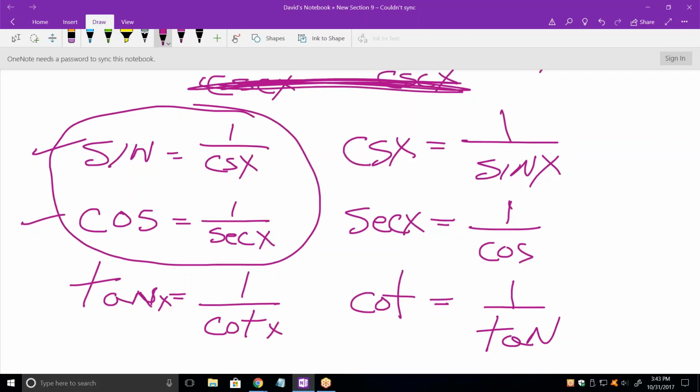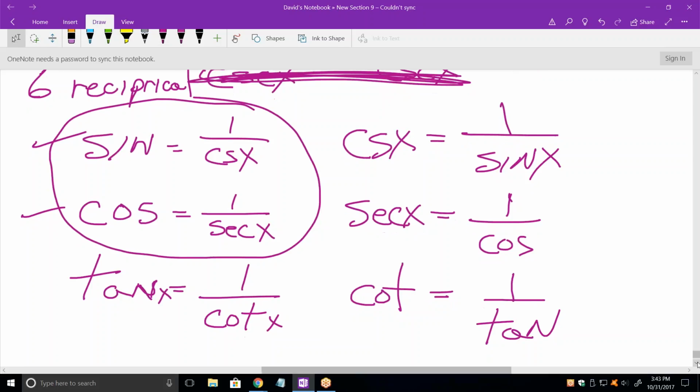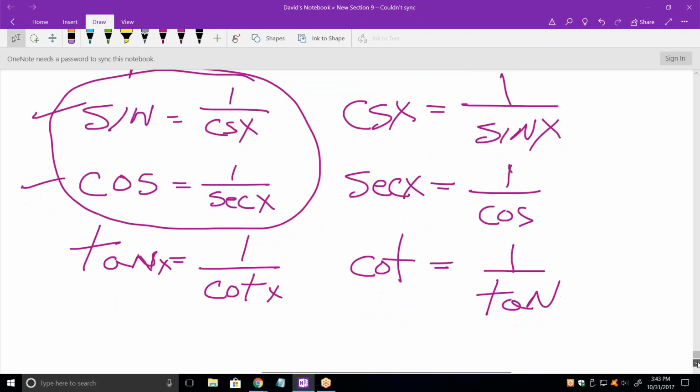Okay. So those are called the six reciprocal identities. Oh, I think I was getting that confused with the 6 trig ratios. Well, let's go on because there are 5 more that are really important.